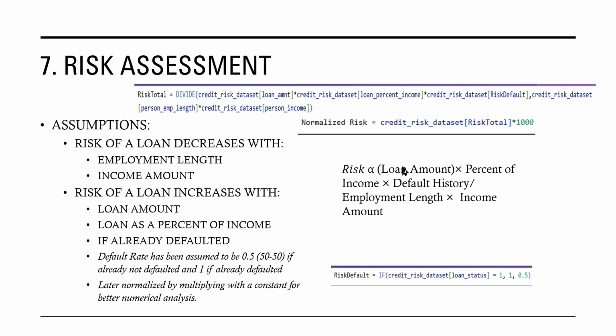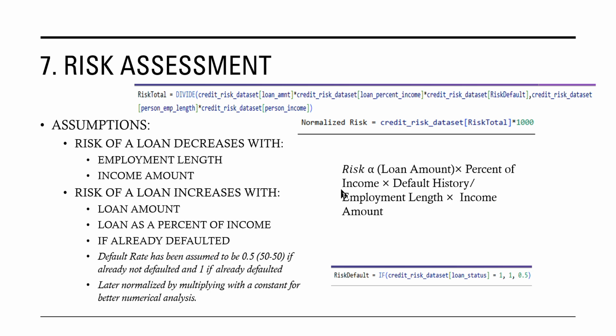If you have given a high amount of loan, the risk is equally large. And if the loan is very high as a percent of income compared to what the person is earning, then also the risk is very high. And if a person has already defaulted, then also the risk is high. So these three directly relate to high risk.